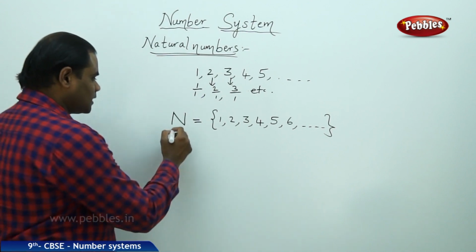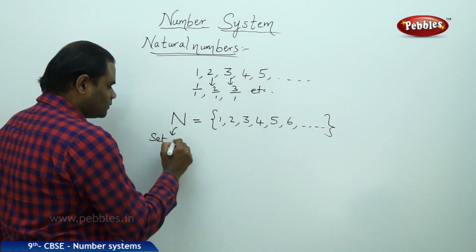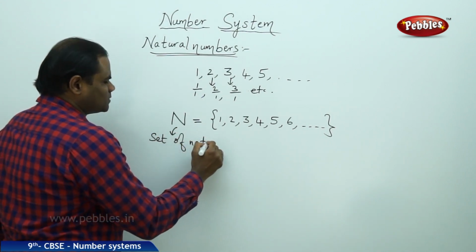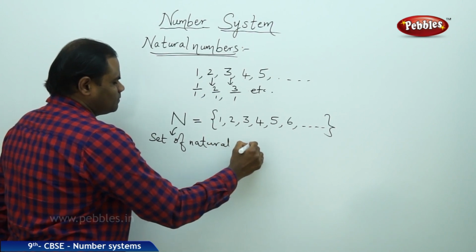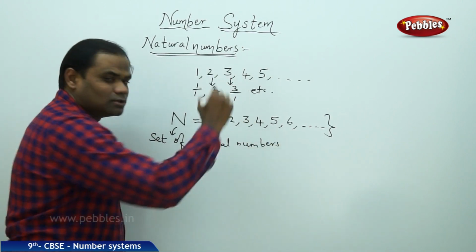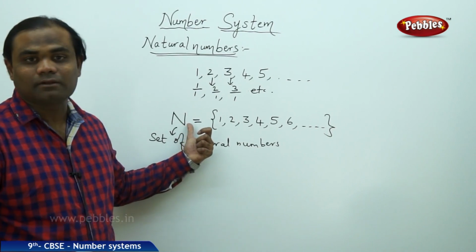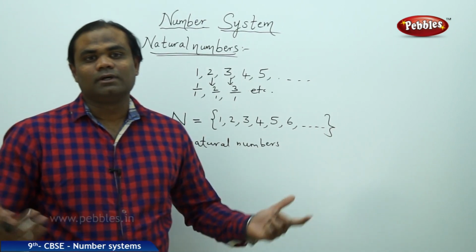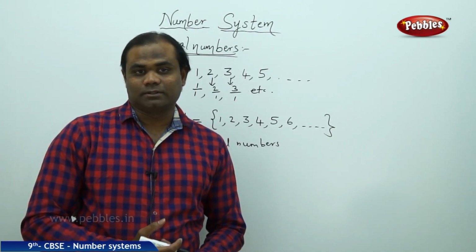We write this as the set of natural numbers, denoted by capital letter N, is what we call natural numbers in mathematics.